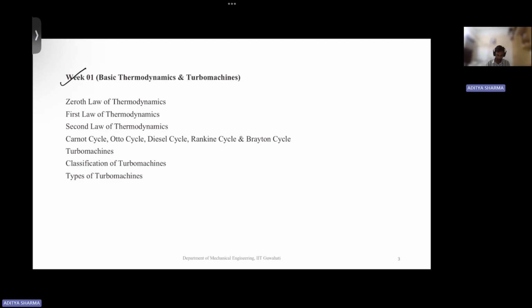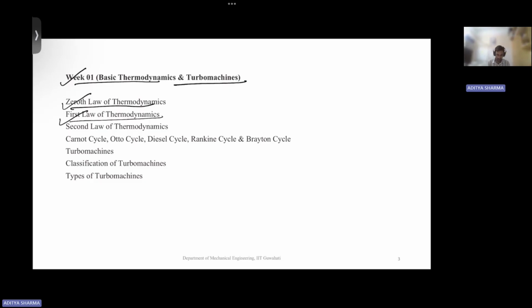We started with week 1, which is basic thermodynamics and turbo machines. We were introduced to turbo machines in this week's content, where we started with the zeroth law of thermodynamics, which tells about thermal equilibrium.